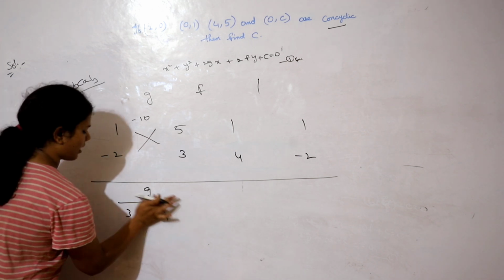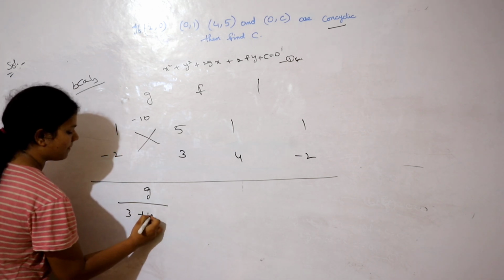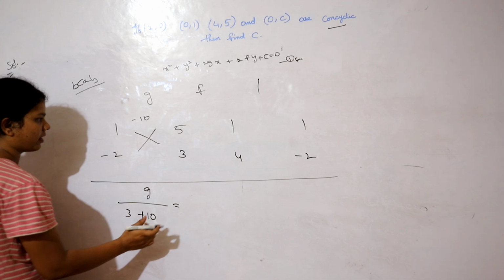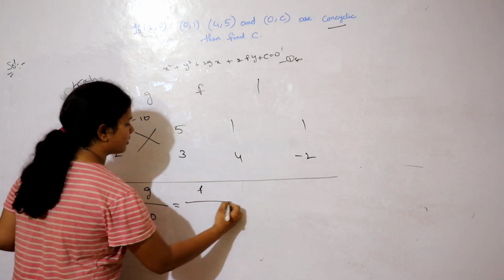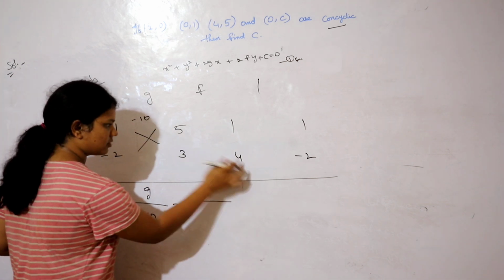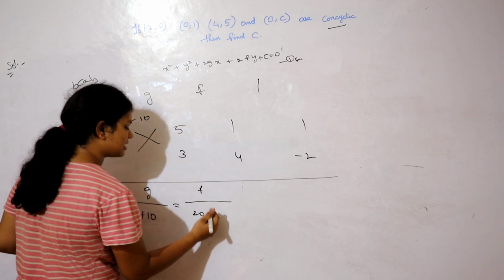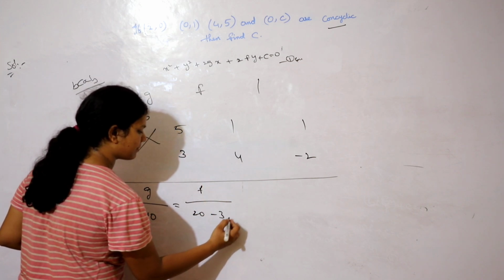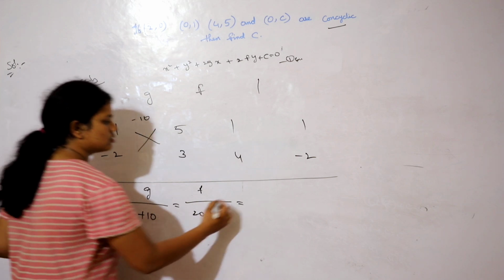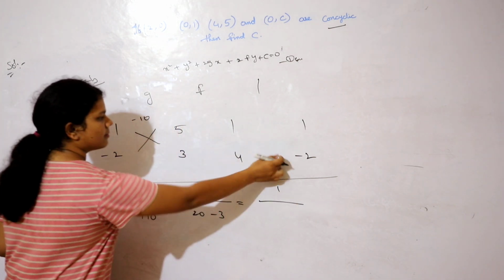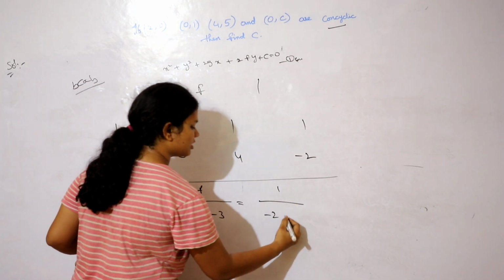So I'm just going to write plus 10 over here. Okay. So again, f upon what is this value? 20, right? 4 5s are 20, and minus already exists, so I can just write minus 3 over here. Okay. So 1 upon minus 2 minus 4.